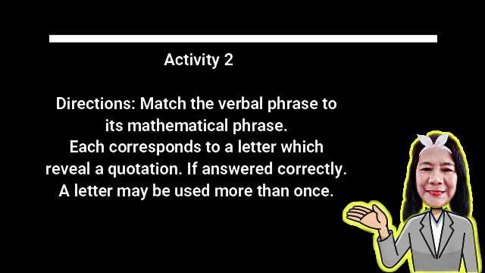Now, let us proceed to the second activity. In here, you are to match the verbal phrase in column 1 to the mathematical phrase in column 2. Each number corresponds to a letter which reveals a quotation if answered correctly. A letter may be used more than once. I will give you 5 minutes to answer and the time starts now.